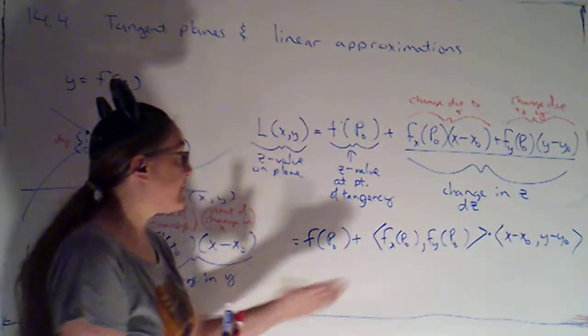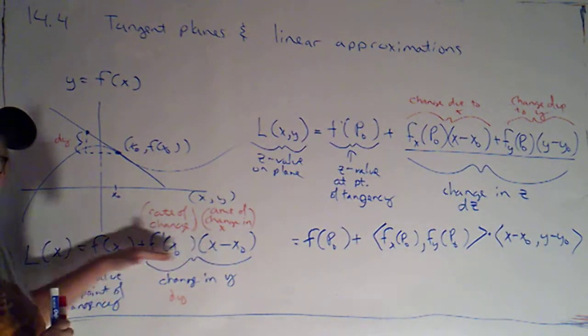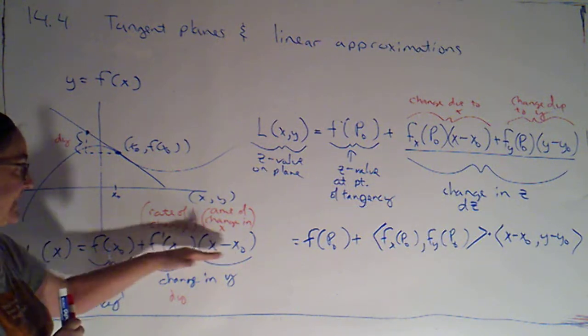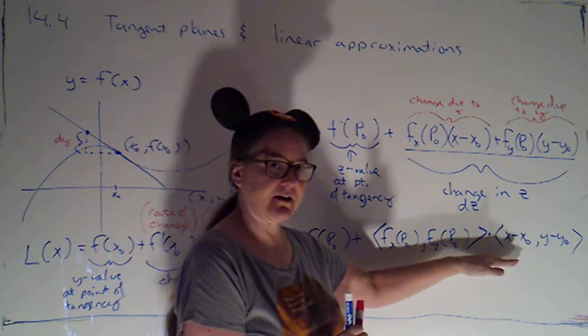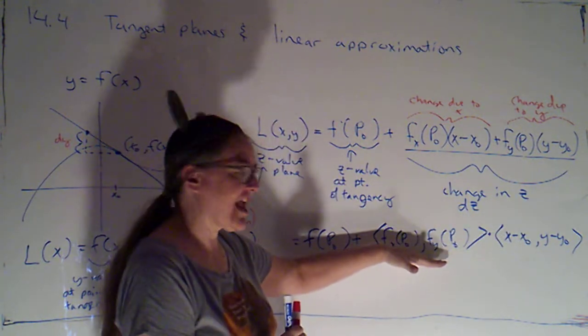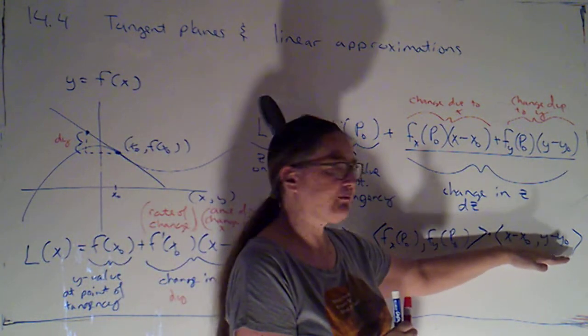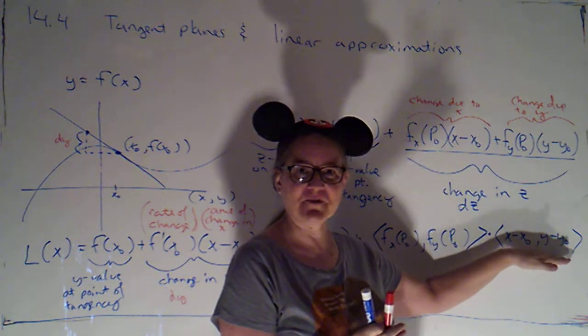Right? Now that really nicely mimics what we have here. Instead of just multiplication of a rate of change times an amount of change, I've got a dot product of a rates of change vector times an amounts of change vector.